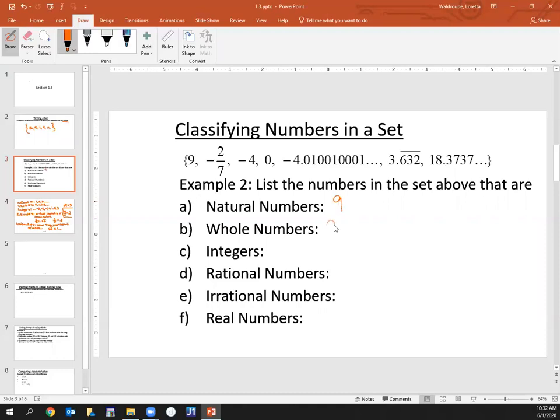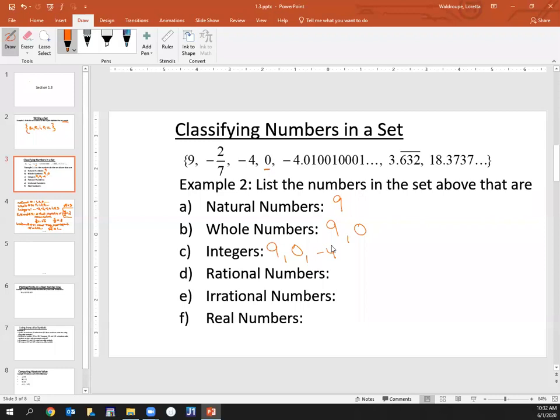Whole numbers are your natural numbers, and they do have 0 there, plus 0. Integers. 9 is an integer because it's positive or negative whole numbers. 0 is an integer, and so is -4.